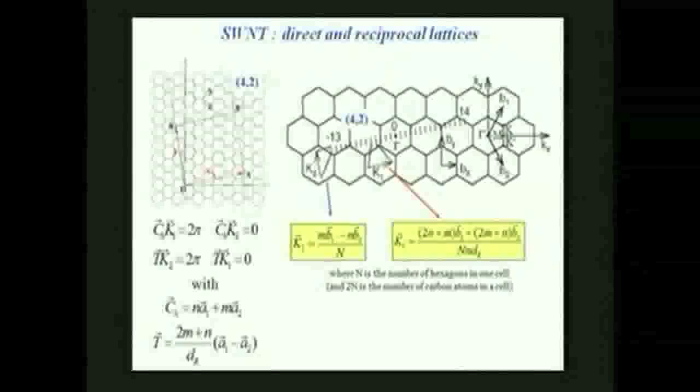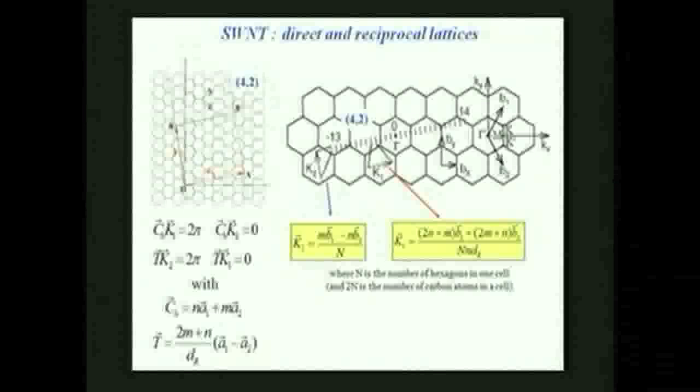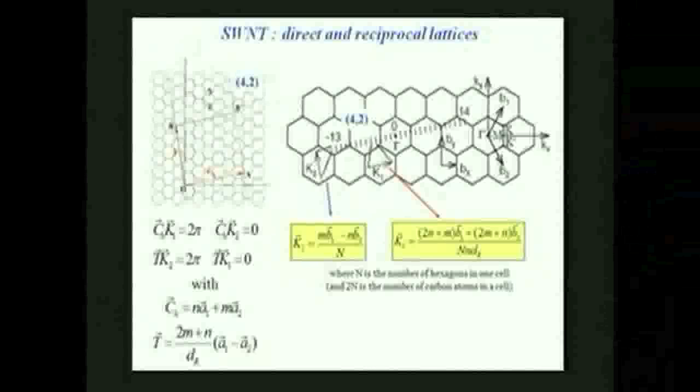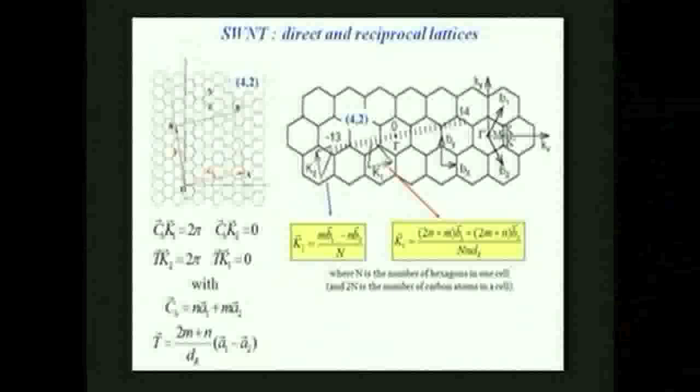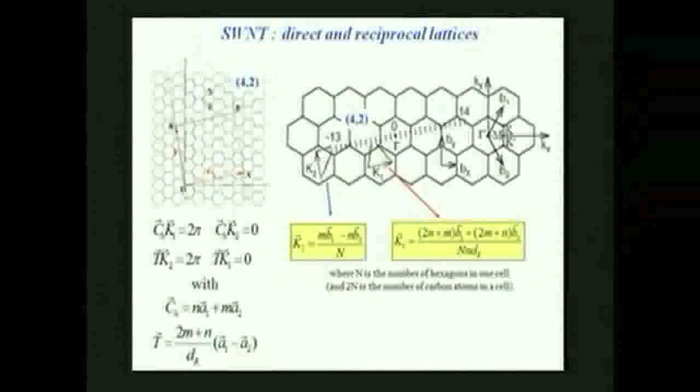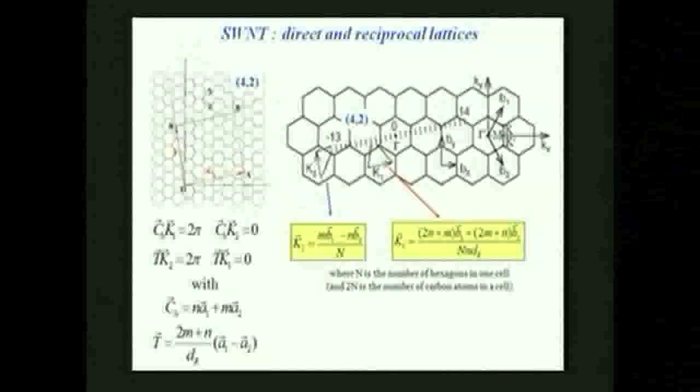Like you expect, this T vector will be expressed as a function of n and m, which are the integers describing the nanotubes, dR, the greatest common divisor that we defined before, and a1 and a2, which are the unit vectors here. So providing you have CH and T, it's quite easy. That's just a small mathematical problem to calculate K1 and K2.